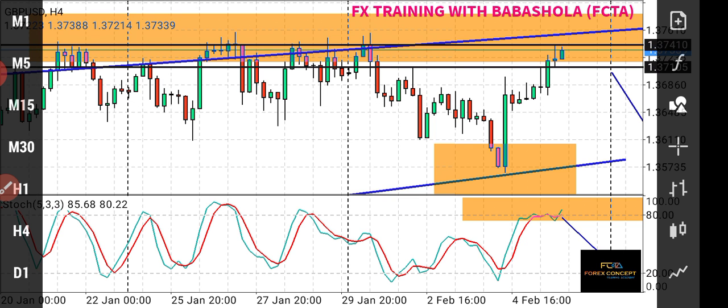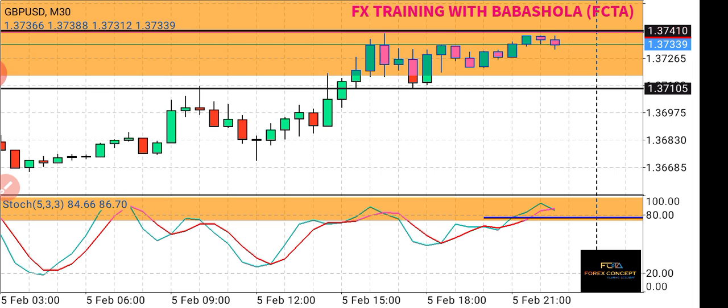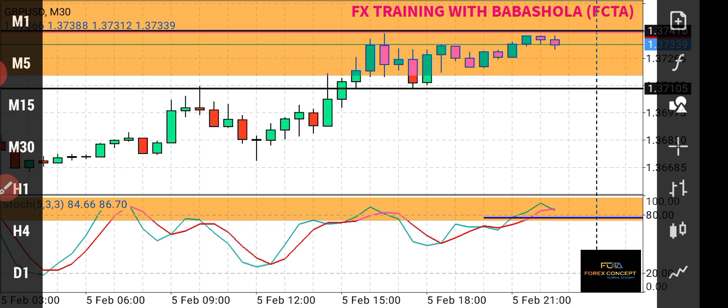And we look at M30. On the M30 time frame, you see that the green stochastic has crossed the red stochastic, and both of them are about to cross down. Okay, this is the green stochastic. Let me just make it horizontal so that it is everywhere.